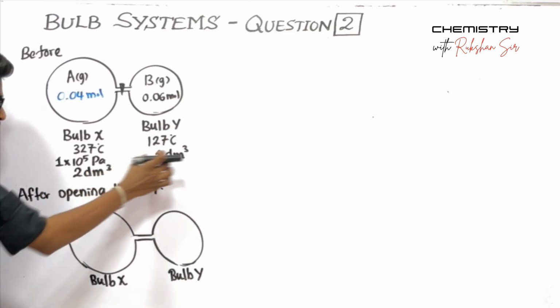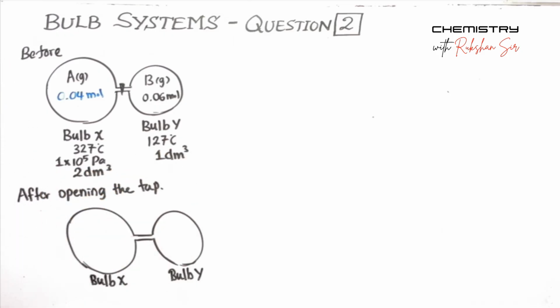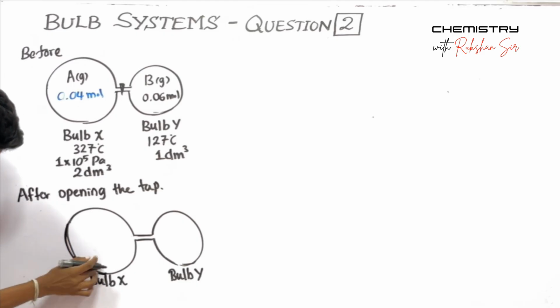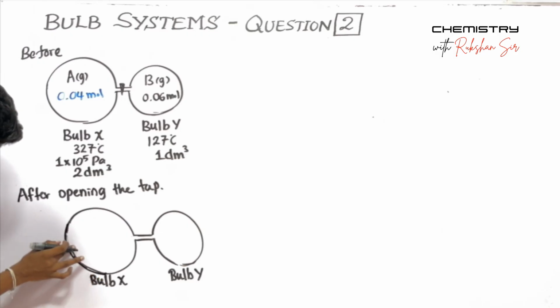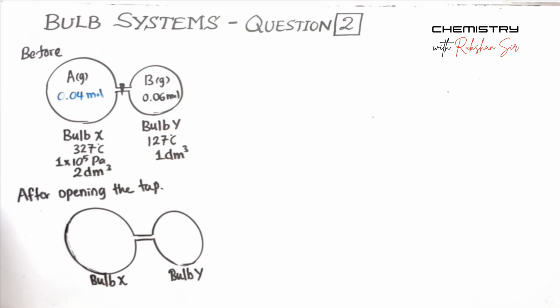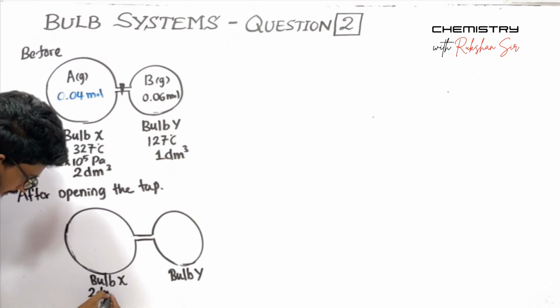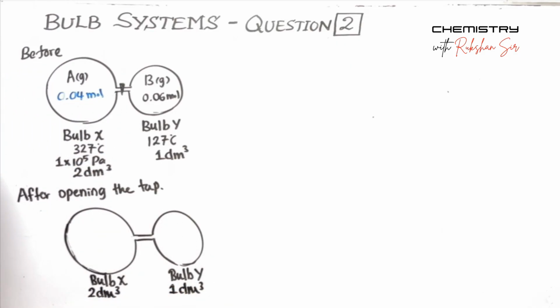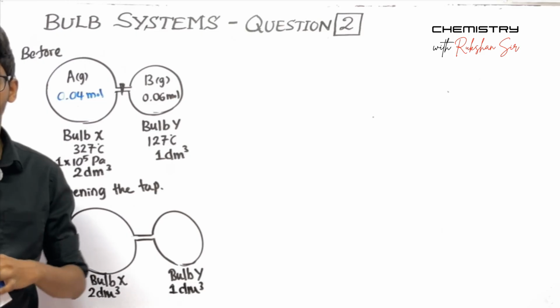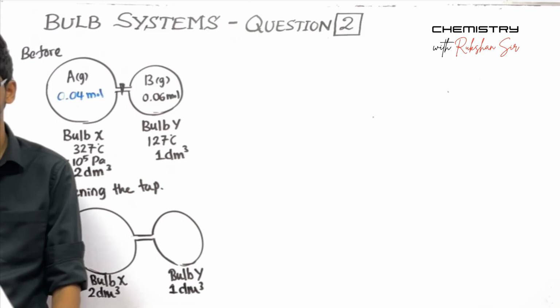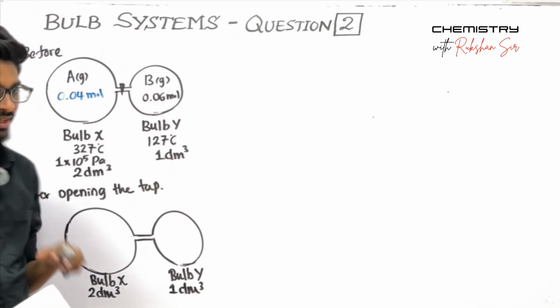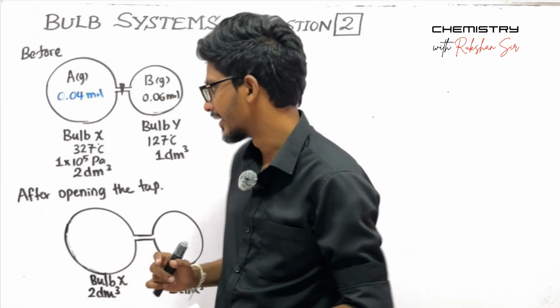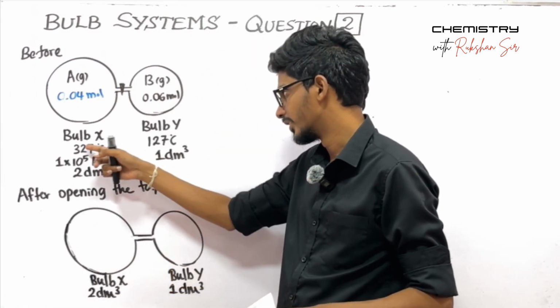volumes won't change, right? These are rigid spheres, glass bulbs, so volumes won't be affected by opening a tap. So we can copy the same volumes: 2 decimeter cubed and 1 decimeter cubed. They are not mentioning anything about the temperature change, so we can assume the temperature is also kept at the same values.